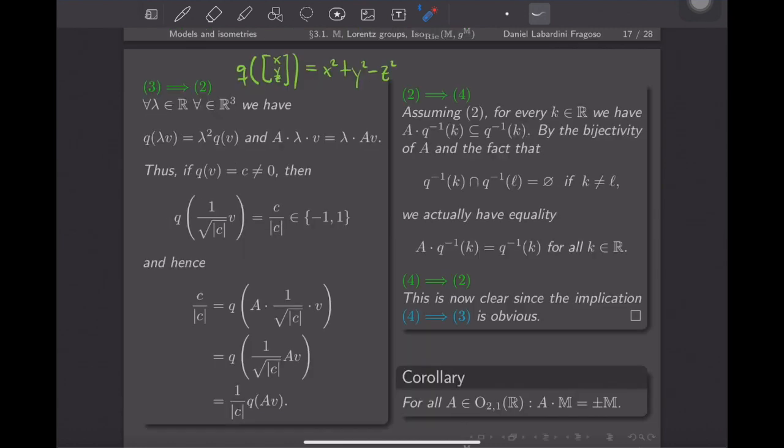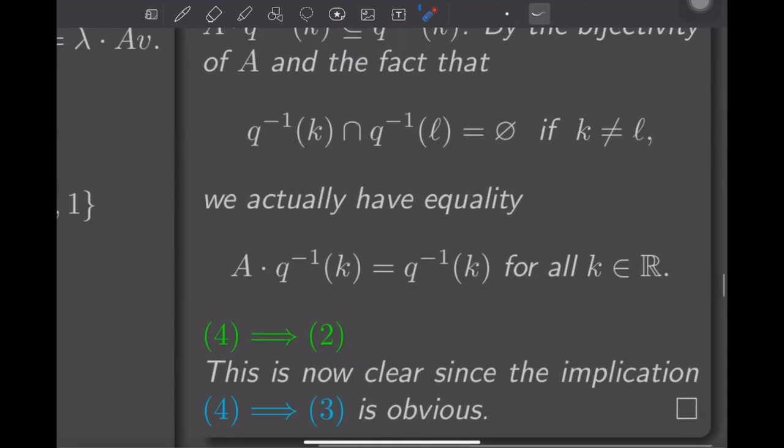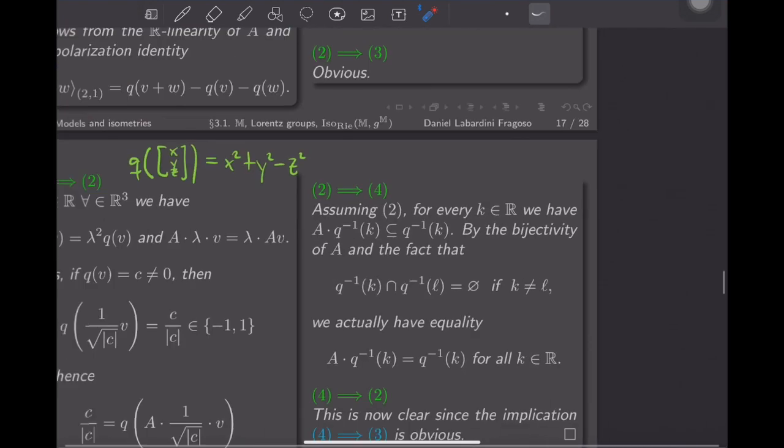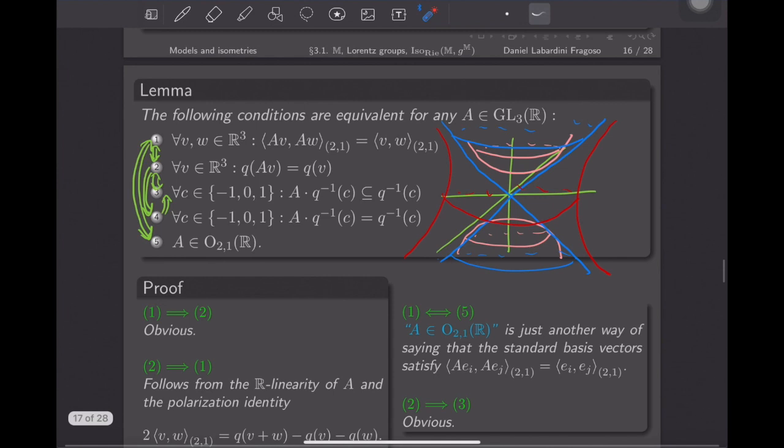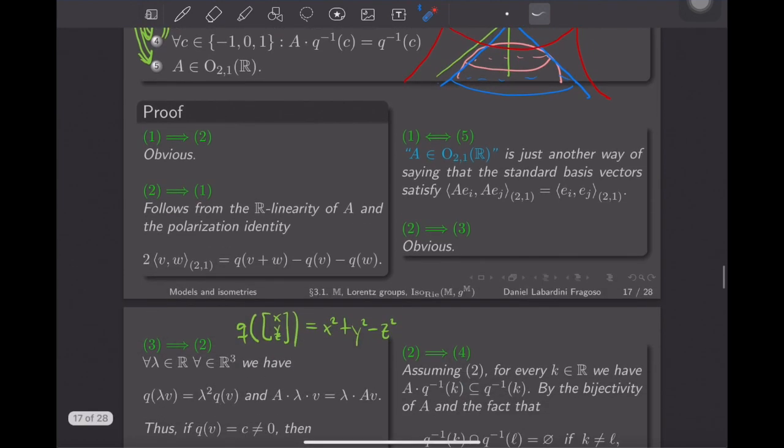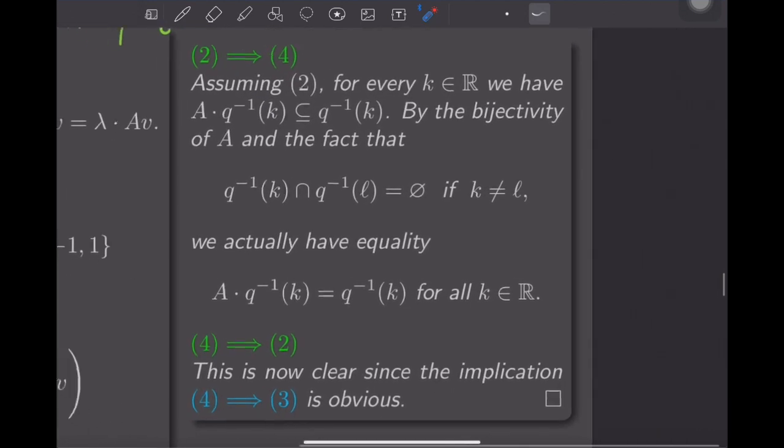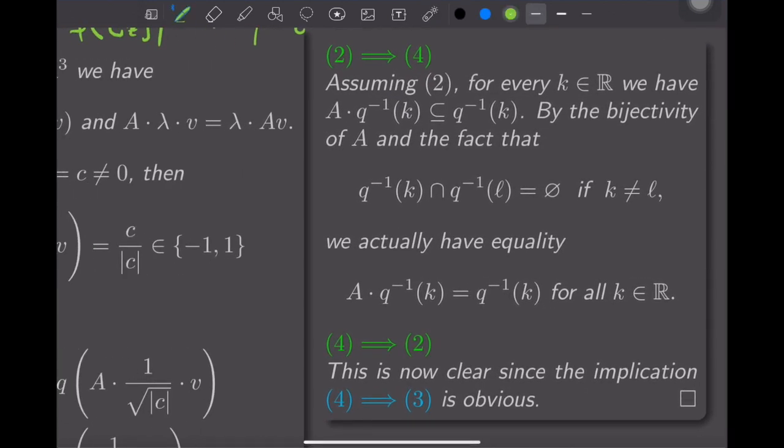Let me go over it again. So again, if I assume 2, I know that A preserves that. You agree with this? Now, this means that for each level set, A of the level set is contained in it.